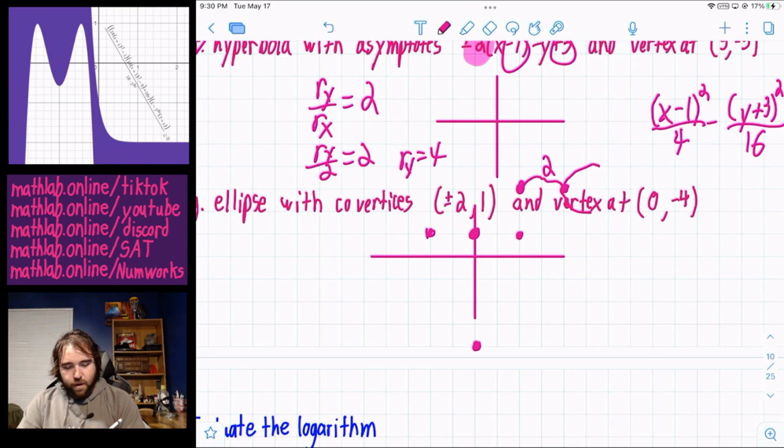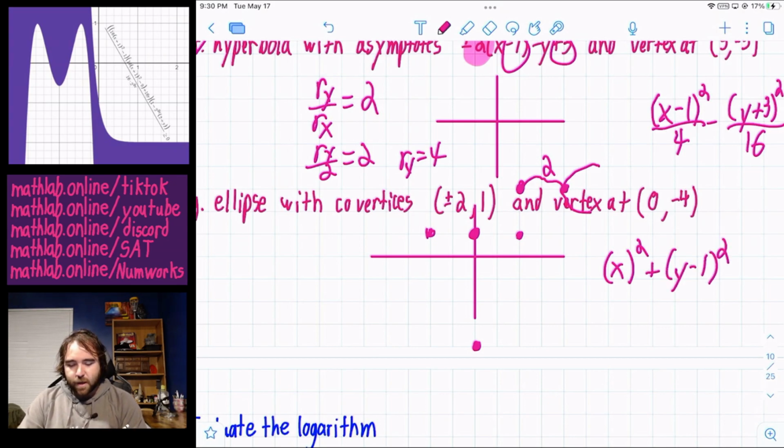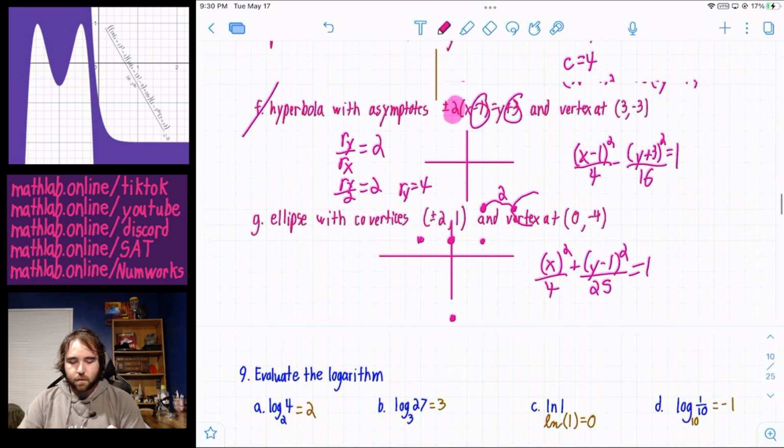So our center has to be right here. It's an ellipse, so it's got to be x squared plus (y - 1) squared. And then we just need the radii, and we already have both of the radii. It's x over 4, and y, is that a 5? So over 25 equals 1.